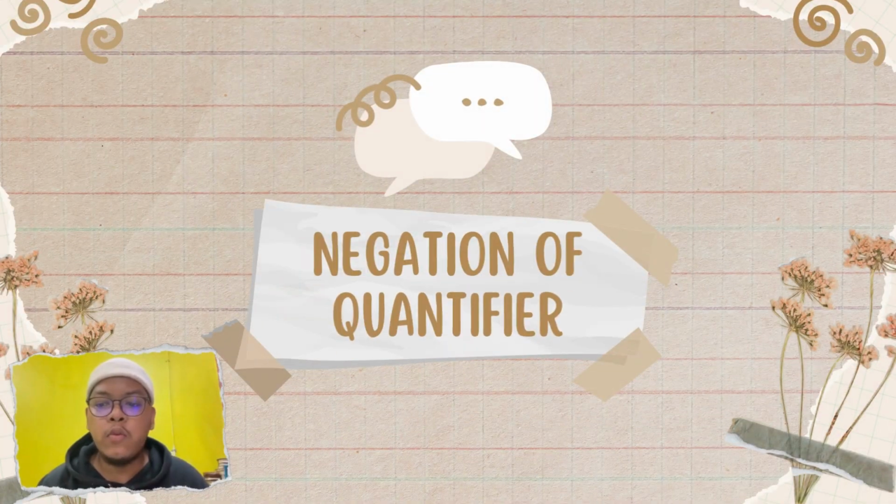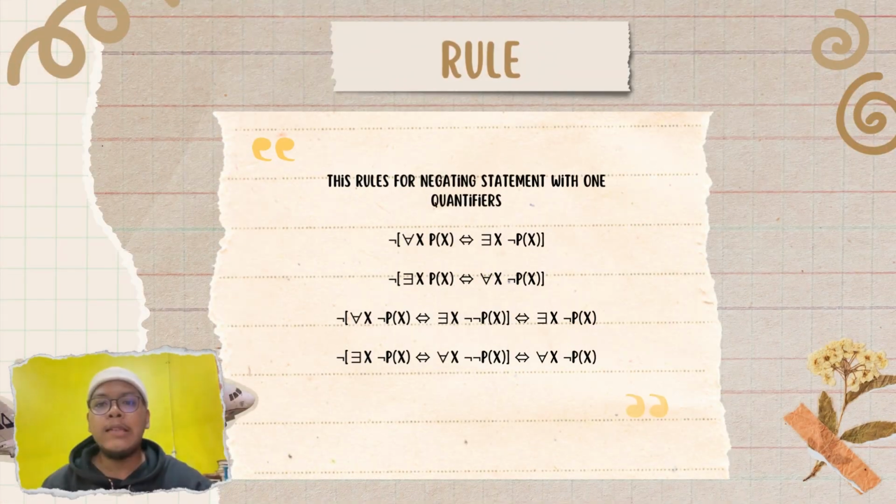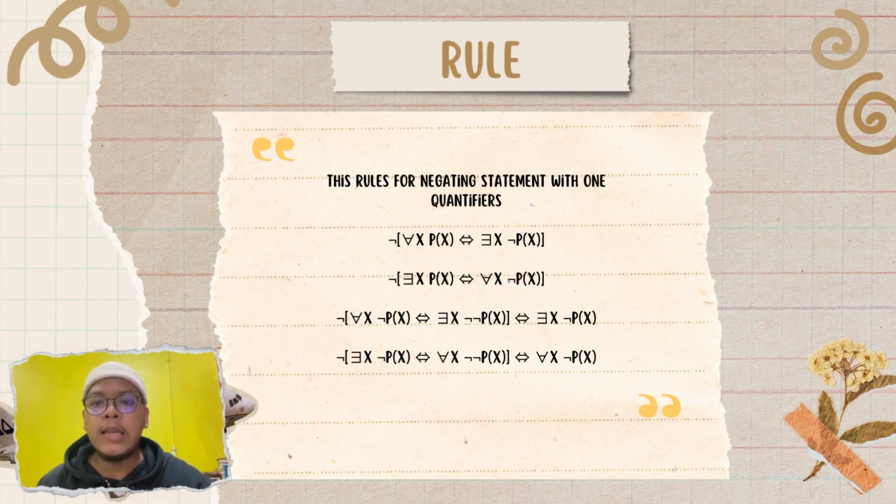Alright guys, let's move to the last subtopic, which is the negation of quantifiers. I will explain the rule for negating a statement with one quantifier. There are 4 conditions. First, the negation of for all x P(x) is logically equivalent to for some x, negation of P(x). Next, the negation of for some x P(x) is logically equivalent to for all x, negation of P(x).